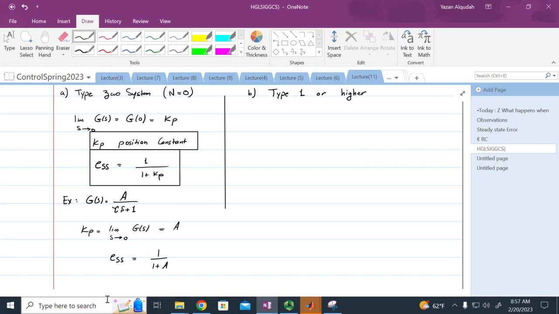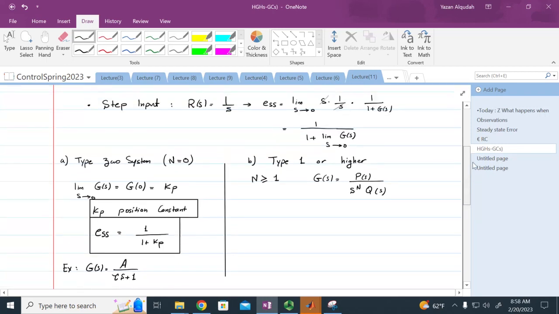Okay, reminder. So let's see what happens if we have a system that is type 1 or higher. So we have n that is greater than or equal to 1. Therefore, I can write G of S as equal to a numerator P of S, divided by S to the n, multiplied by Q of S, and n greater than or equal to 1.